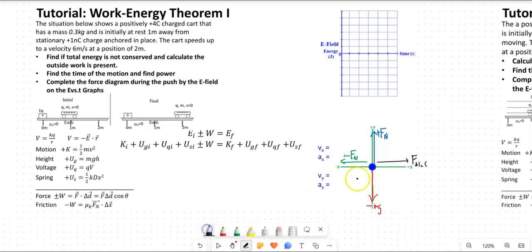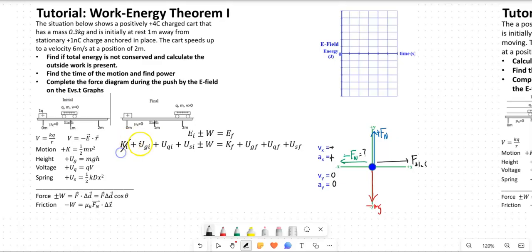So I'm just guessing here. So this is a question mark. If this work ends up being negative, then this is true. If it ends up being positive, then this green arrow should be pointed to the right. Either way, it is speeding up as it's moving to the right, and it has no velocity in the y direction or acceleration.